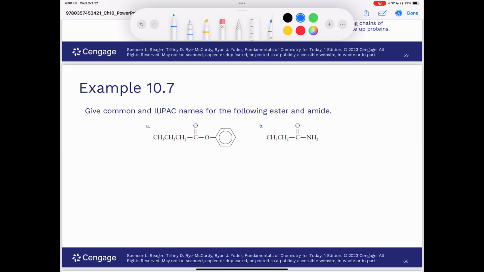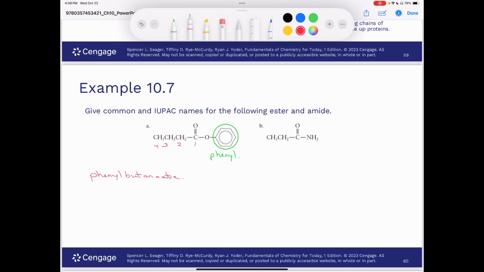All right, let's see if we can give some common and IUPAC names for this ester and amide. For the first one, we want to name the alcohol portion first on this ester. This is a phenyl group, so this is phenyl something. And you notice that we have a total of 1, 2, 3, 4 carbons here. So that would be butanoic acid, so it would be butanoate. This compound would be phenyl butanoate.